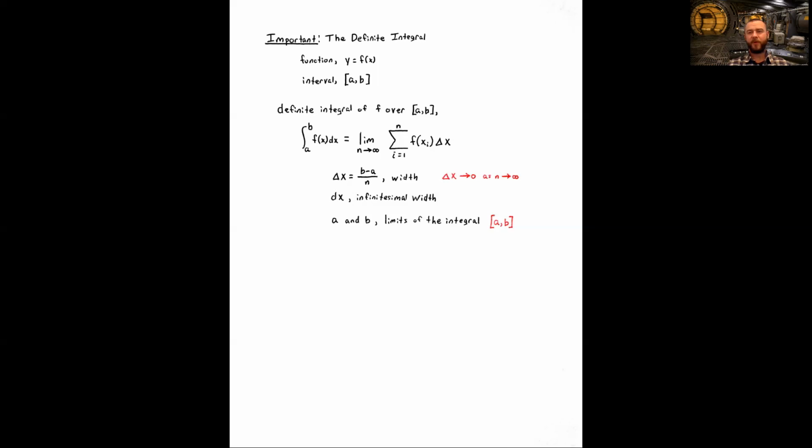It doesn't, but we stop just short of that. And that's really bizarre to consider a number that is not 0, but the next biggest number than 0. Normal real numbers don't fit that, but this leads you to kind of an alternate way to define calculus with things called hyperreal numbers. We're not going to go down that route, but you could. So just think of delta x as being the width, dx as being the infinitesimal width.